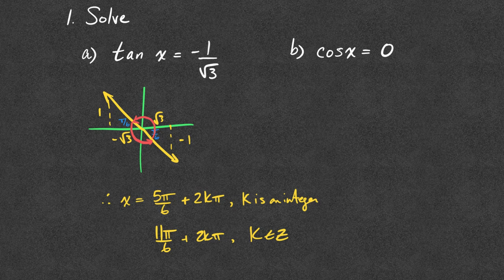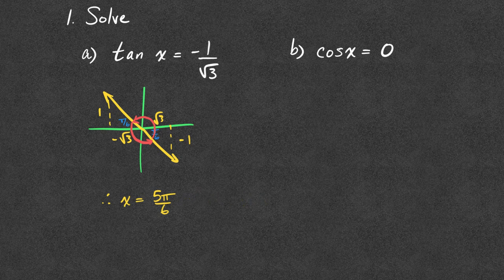Which means I don't need to rotate 2k pi, I could just rotate k pi, any pi units. And I would end up landing in quadrant 2 or quadrant 4 on that exact same terminal arm. So rather than saying I have to go 5 pi by 6 plus a full rotation, then 11 pi by 6 plus a full rotation, I could shorten it up to that one statement, as long as k is an integer.